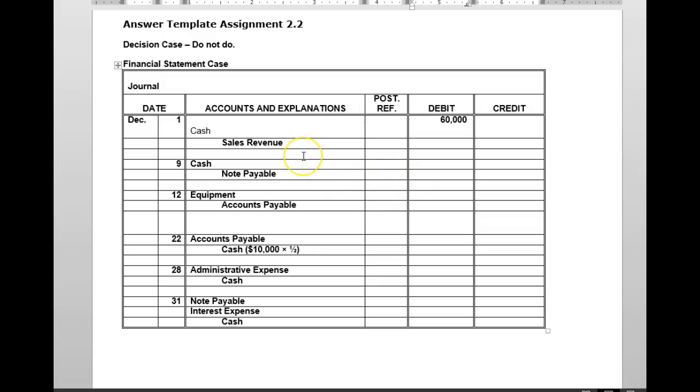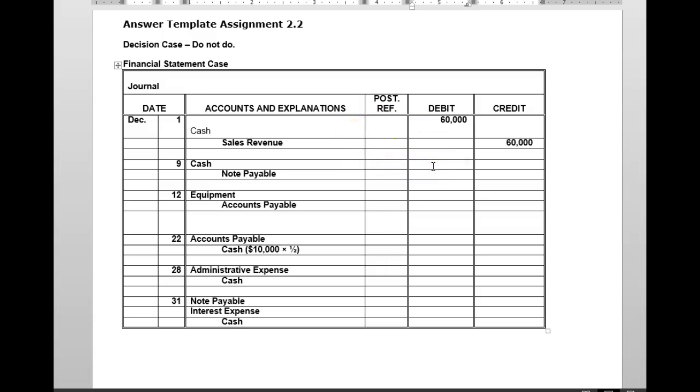Now, it says that it is sales revenue. So, if one side of the column goes up 60,000, the other side has to go up 60,000. It has to be balanced. Revenue is a normal credit account, which means that we increase it by crediting it. So now I have added 60,000 to my cash and 60,000 to my sales.